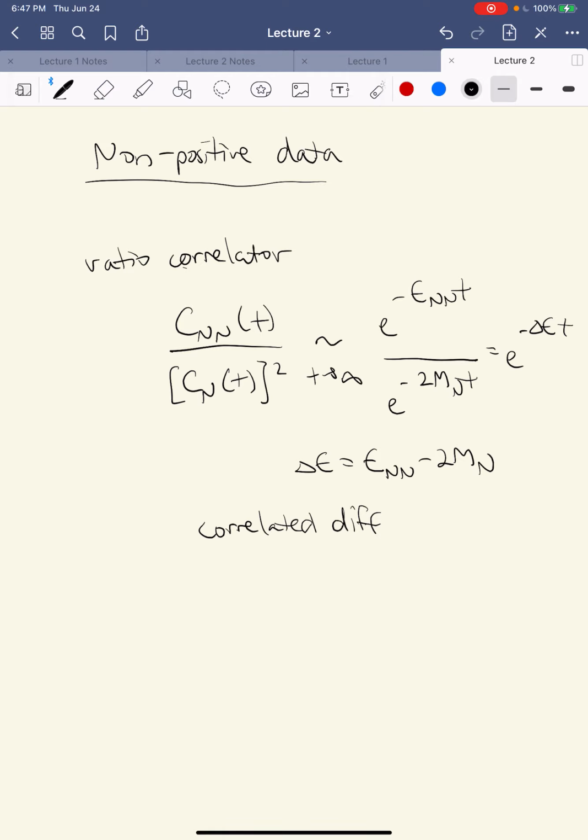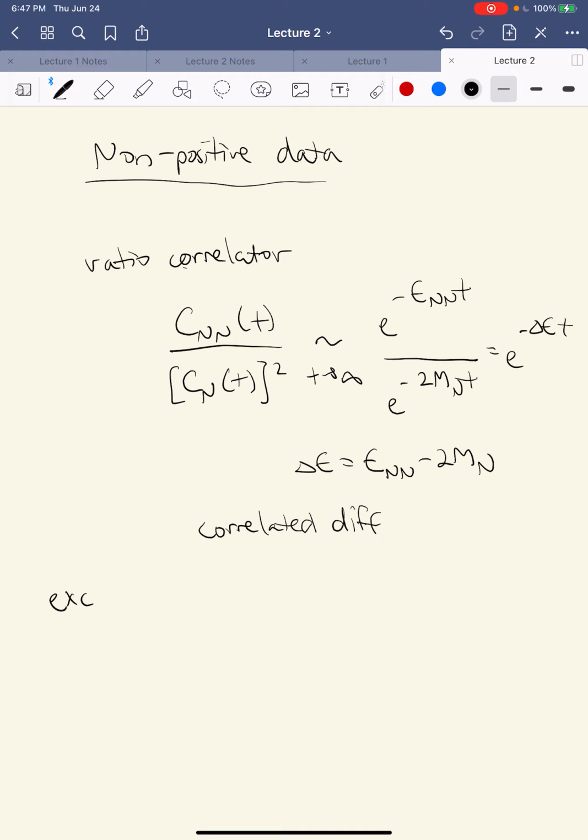But the problem remains that the thing you're really looking at is not an individual correlation function, but the ratio between two correlation functions. So where can we see that?